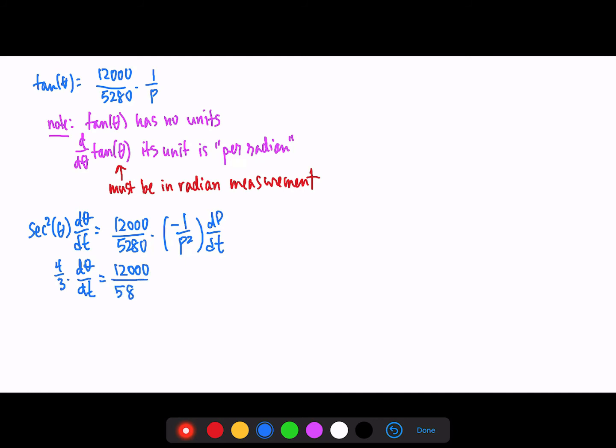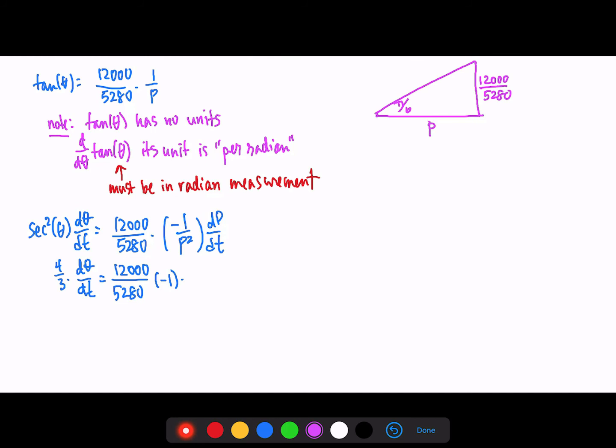So next we need to find what P is. I'm going to go over here and do some scratch work. We have our Pythagorean relationship between our angle and our P, and here's our triangle with the side measurements.